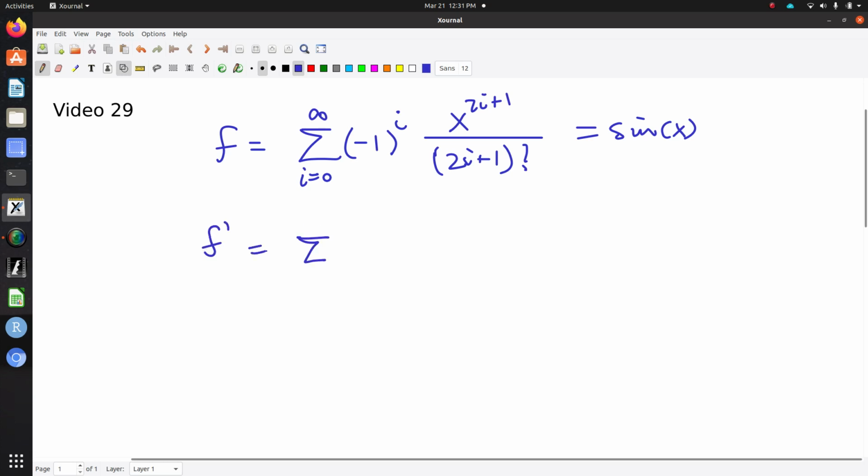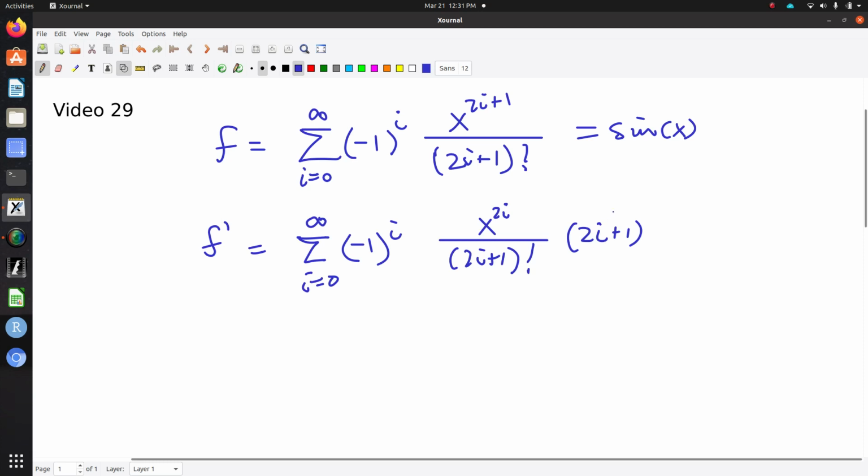F prime is going to be, remember, we're taking the derivative with respect to x. So this negative 1 to the i is just going to stay right there. We're going to decrease this exponent by 1, and we're going to multiply by that over here.